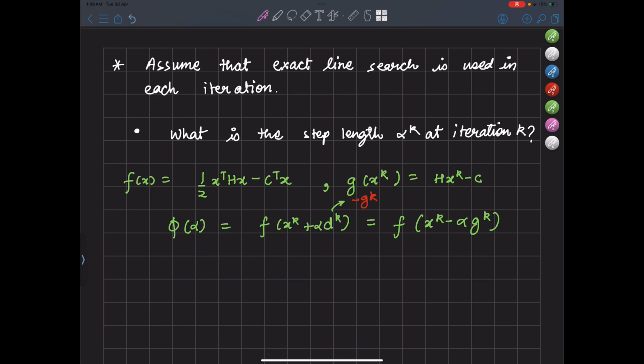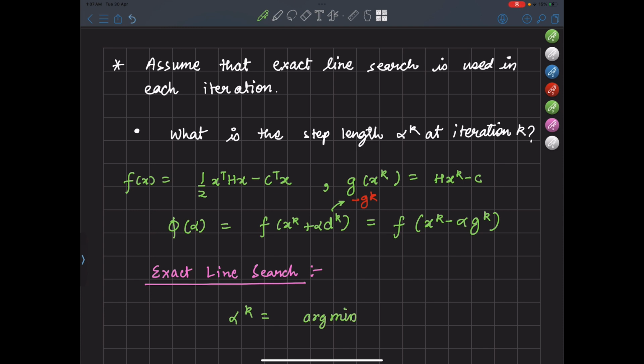Now that we want to do exact line search, what is exact line search? Exact line search is given by alpha k equal to argmin.